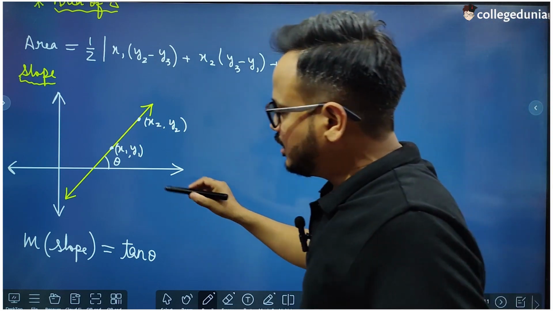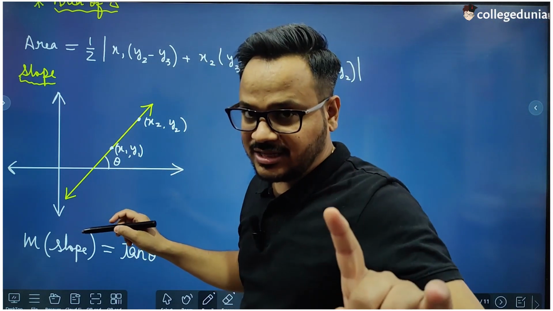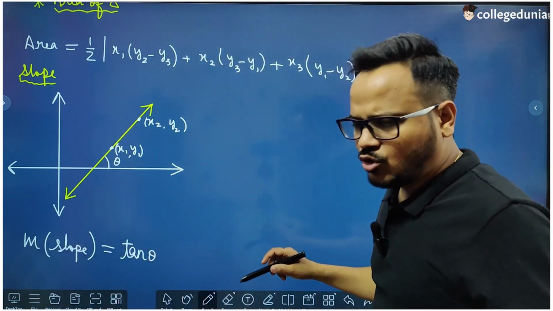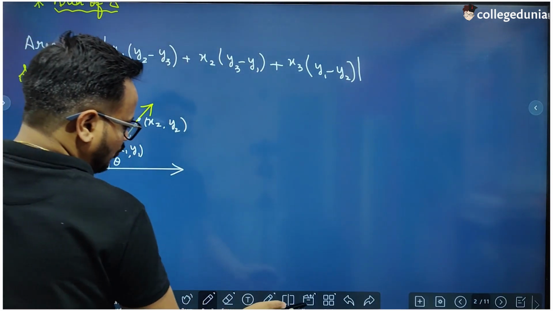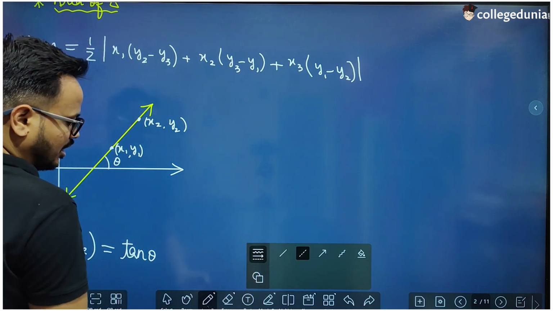So the slope of this line. Now in this case we do not know this angle theta. If this angle is known, obviously the slope is tan theta, but now we are discussing another formula to find the slope of this line.